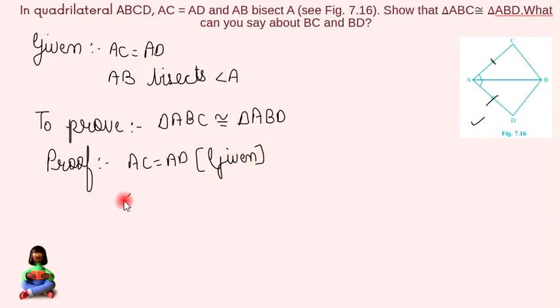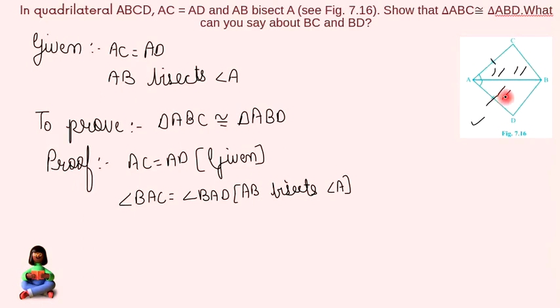And we can say that angle BAC is equal to angle BAD as AB bisects angle A, and it is given to us. Now see, we have to prove that triangle ABC is congruent to triangle ABD. So we can see that there is a side AB which is common in both the triangles.